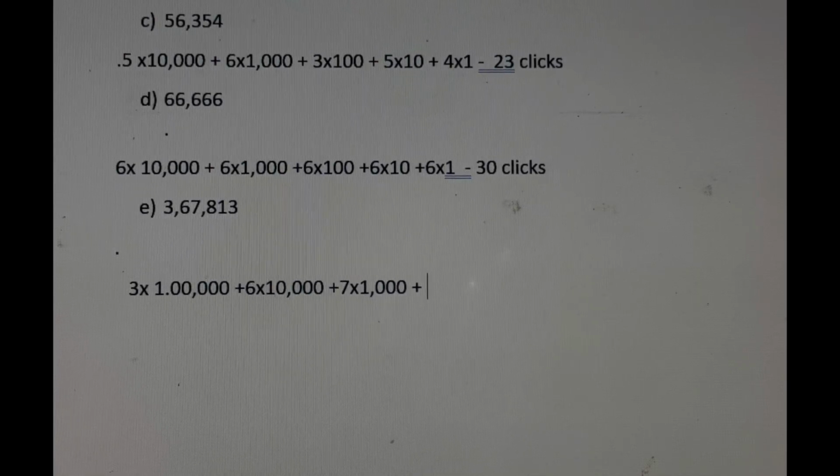Then hundreds button 8 times. Then tens button 1 time. And last digit is 3. So ones button 3 times. Find out the number of clicks before I write the sum. So that is, you are getting 28. It is correct. Yes, 28 clicks. You are getting this number, right?